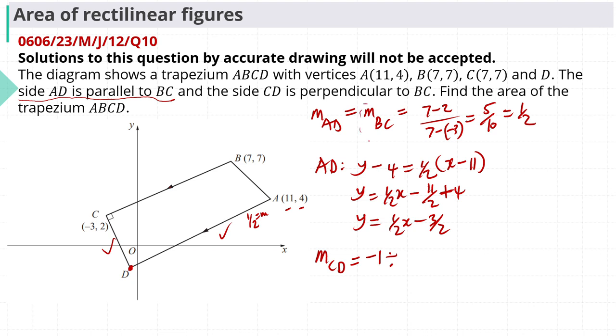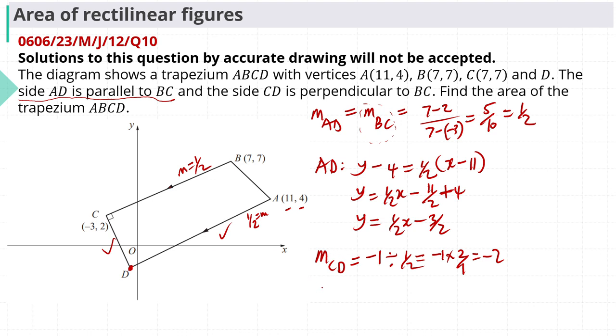We have found the gradient of BC to be half. So gradient of CD is minus 1 divided by half, and that gives minus 2.